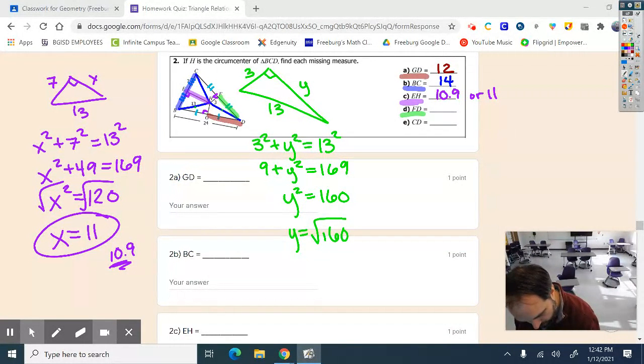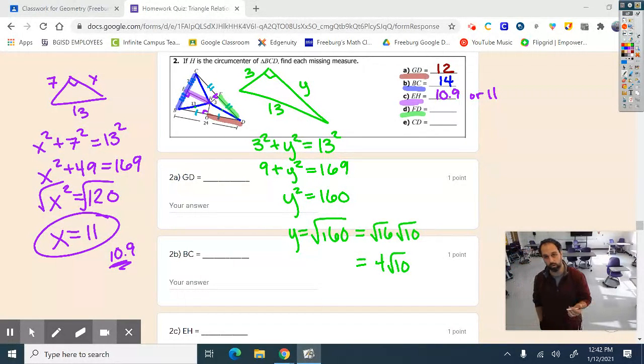y equals the square root of 160, which you could reduce, right? Just for fun. I know your Algebra 2 teachers would appreciate me showing this. So you could put it in reduced radical form if you're doing that, or you could put it into the calculator and get a decimal approximation, and this would be like 12.6 maybe?